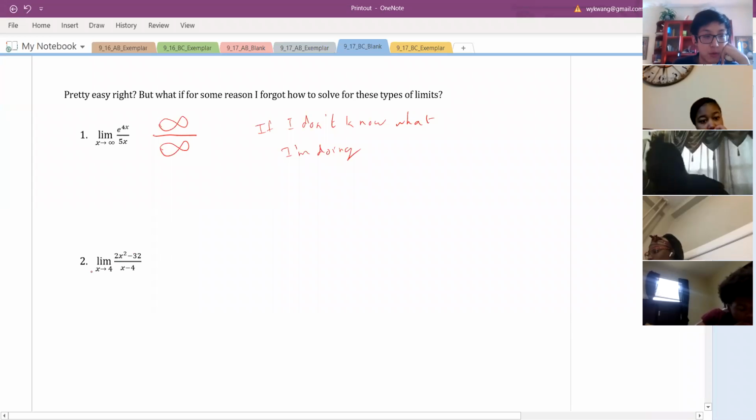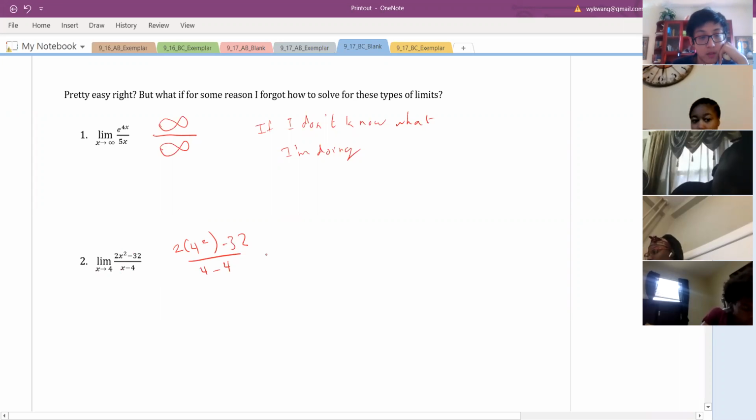But let's say for number 2, the limit as x approaches 4, I didn't realize I had to factor anything. I just plugged in 4. So I'm plugging in 4: 2 times 4 squared minus 32 over 4 minus 4. That's 2 times 16 minus 32 over 0. 2 times 16 is 32, so 32 minus 32 over 0, which is equal to 0 over 0.